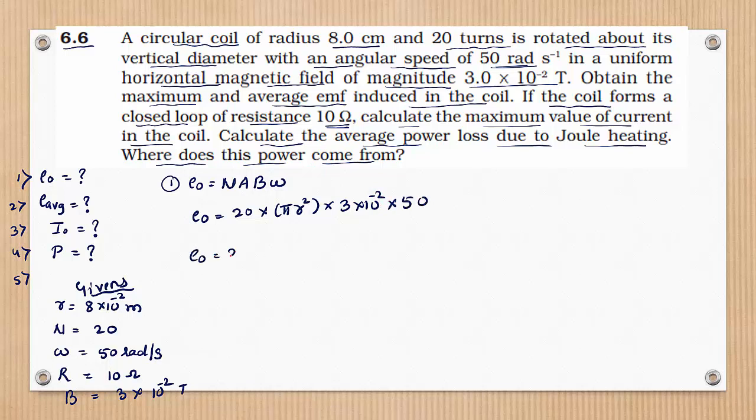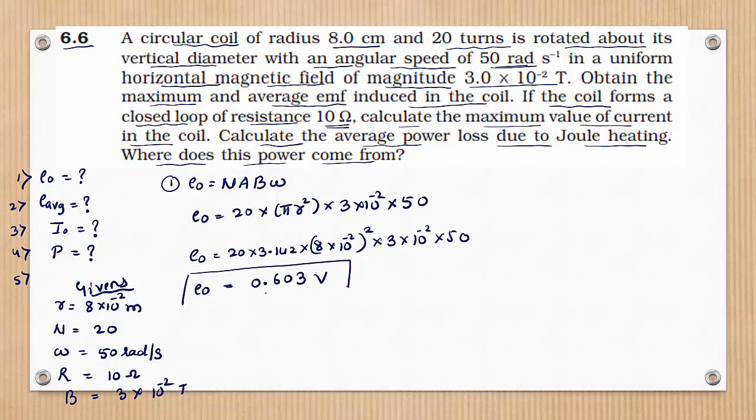Substituting all the values: 20 into 3.142, radius 8 into 10 raised to minus 2 whole square, into 3 into 10 raised to minus 2, into 50. Calculate these values, we will get E naught as 0.603 volt. This is the maximum EMF induced in the coil.